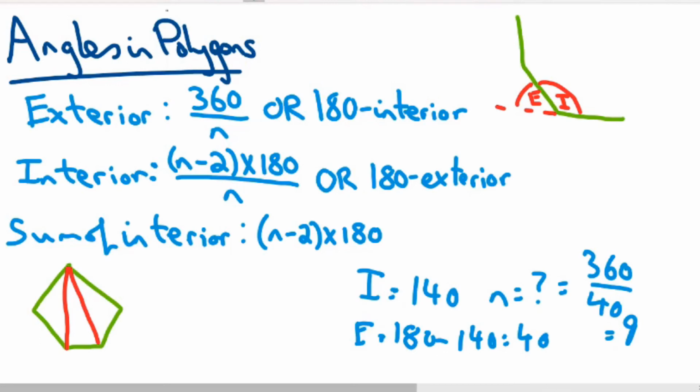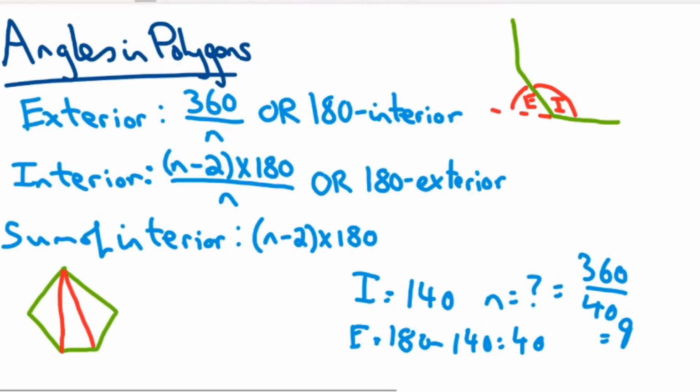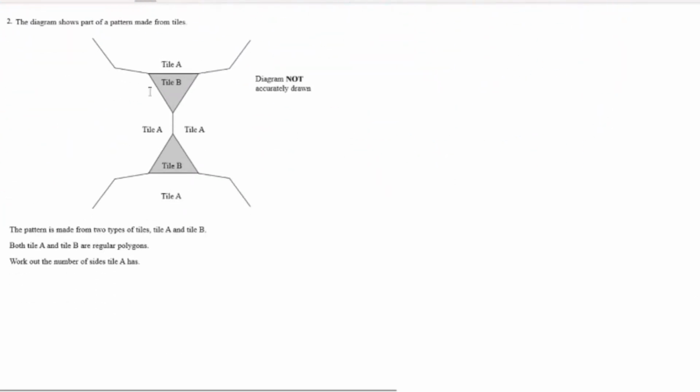Okay, if we're happy with that, let's move on to an actual exam question. Now here we see a diagram made up of multiple different types of tile, tile A and tile B. Both of them are regular polygons, so they are shapes with the same length sides and same size angles. Work out the number of sides that tile A has.